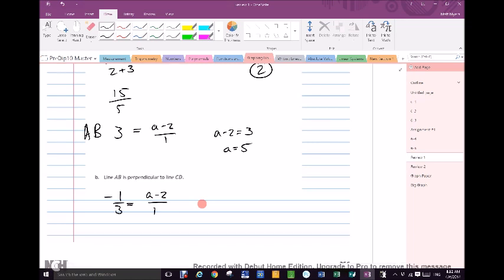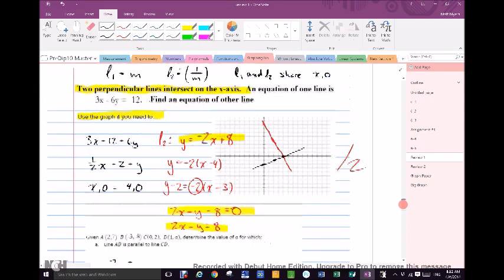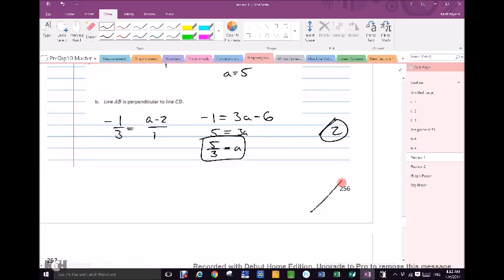Not going to fall for that again. Bring that over, it becomes plus 6. 5 equals 3A, and A equals 5/3. Also for 2 marks. Making that page out of 246.